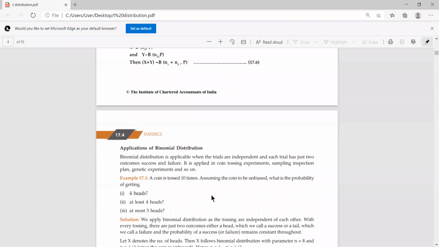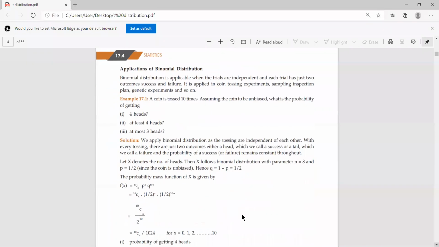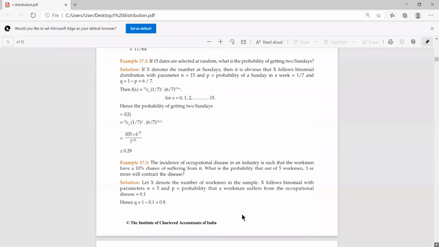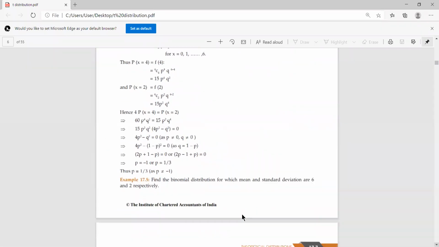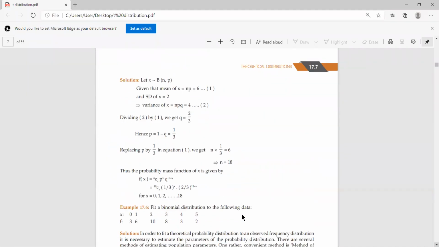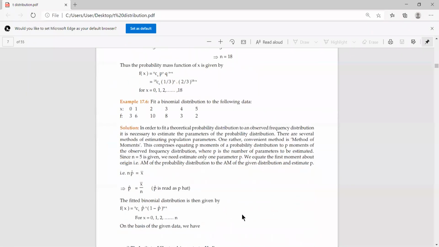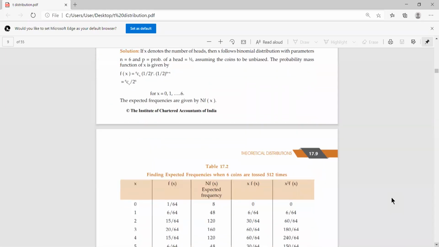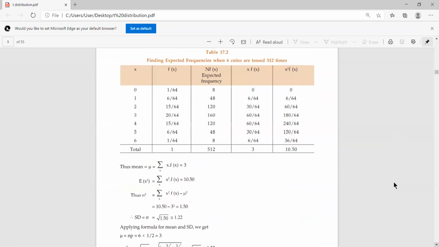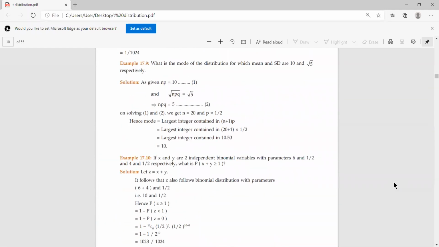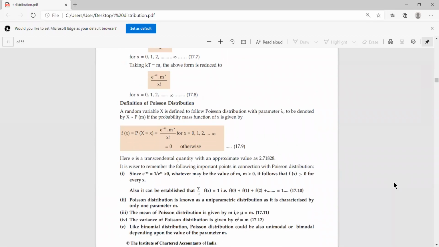You need to read the application, then solve examples 1, 2, 3, 4, 5, then example number 7. Expected value and expected frequencies, we have already covered: examples 8, 9, 10 are already done.